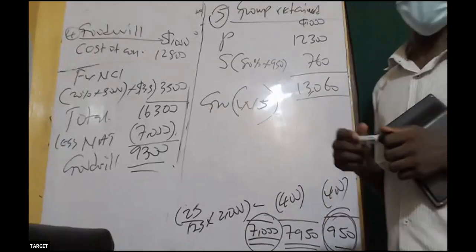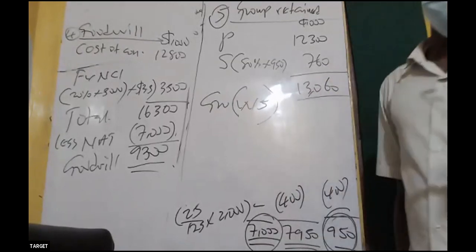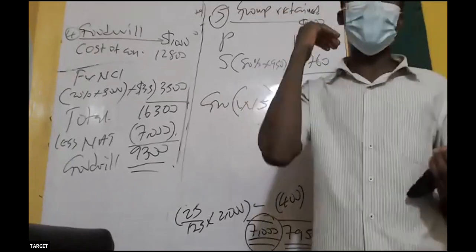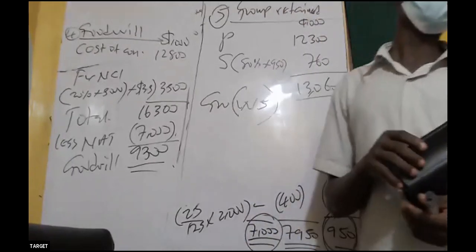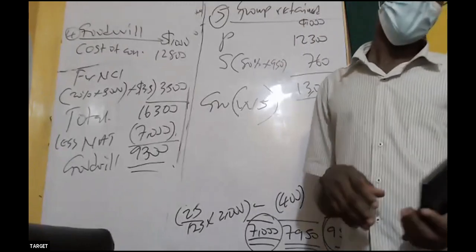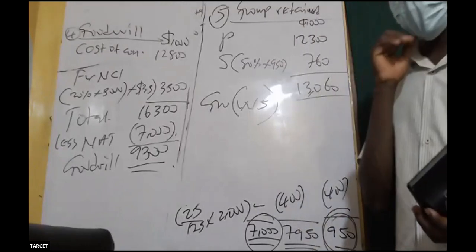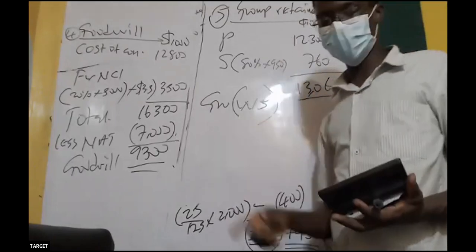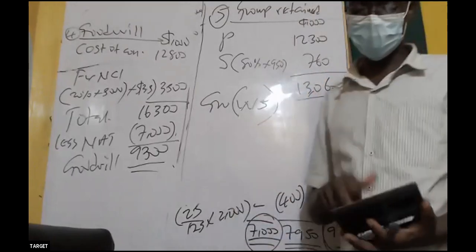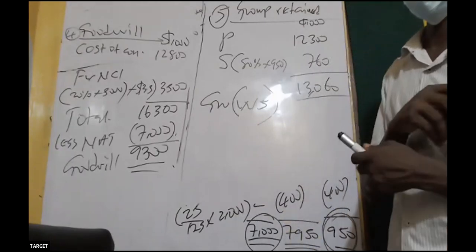Follow everything one after the other. By the time you finish, you sum all up and you have a nice balancing figure. If you miss any step, it will not balance. When I finish, I'll write my balancing figure there.